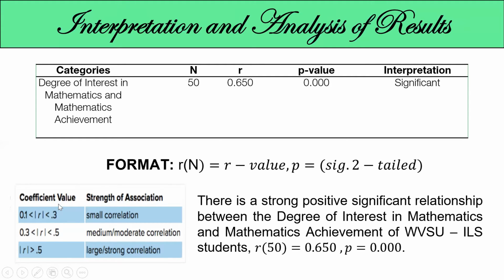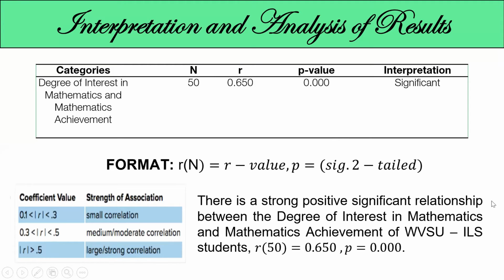Since the r value is 0.650, and 0.650 is greater than 0.5, we can describe the strength of association as a strong relationship or strong correlation. How do we interpret the result? I get the word strong here. The positive, I get from the value of r because it's positive.